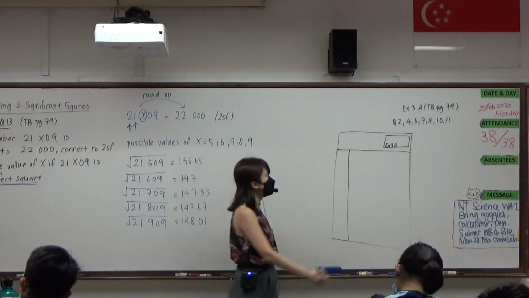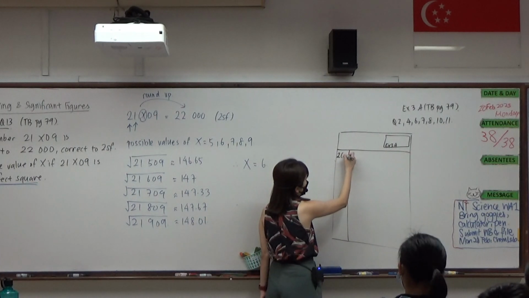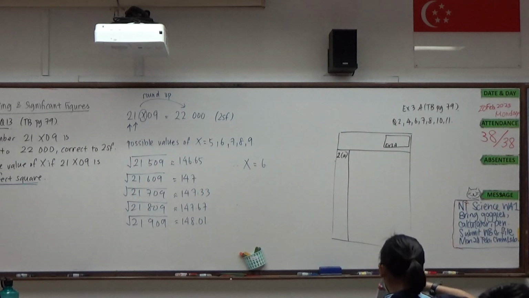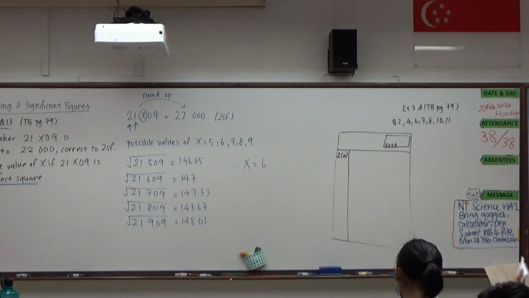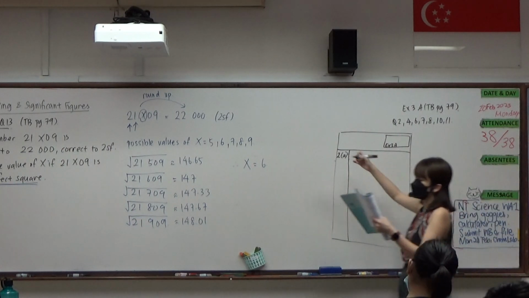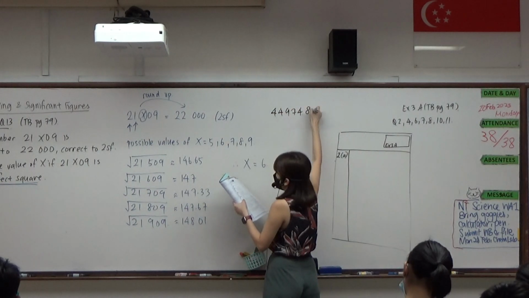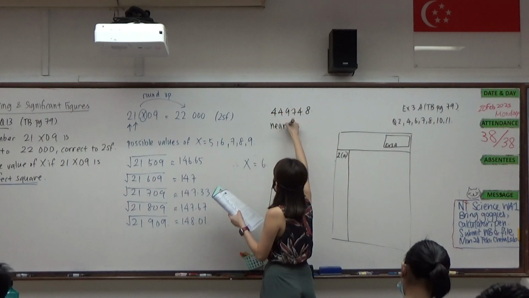Now question 2, there are a few parts. So if you have looked at your textbook, there is a 2A, B, C, D. Okay? So 44974.8 rounded to nearest 10.